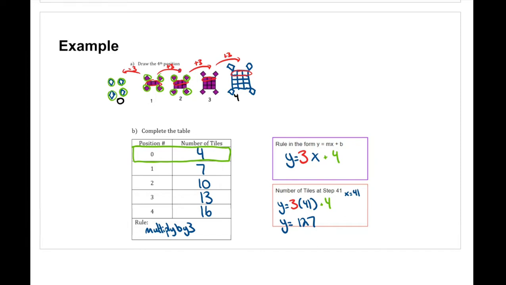The main things we should be getting from this lesson is how to come up with a rule in words. Oh, we forgot to add the words down here: multiply by 3, add 4.